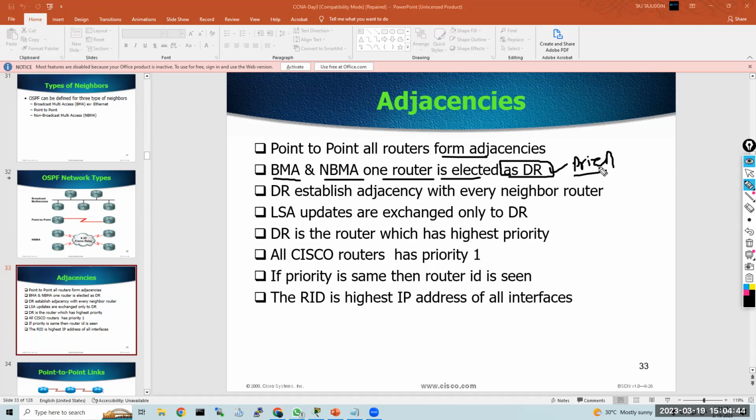The DR establishes adjacency with each neighbor, and link state updates are exchanged only with the DR. As I told you, if you get any update in another area, you have to give the update only to the DR router, even though it is connected directly. It is as simple as this, guys.